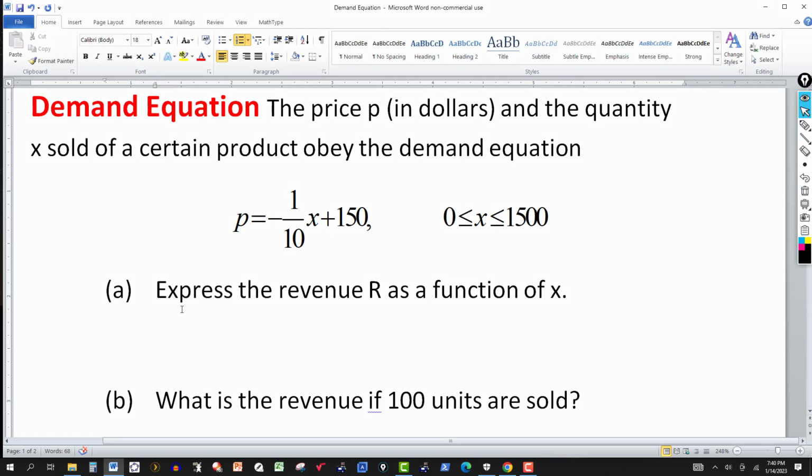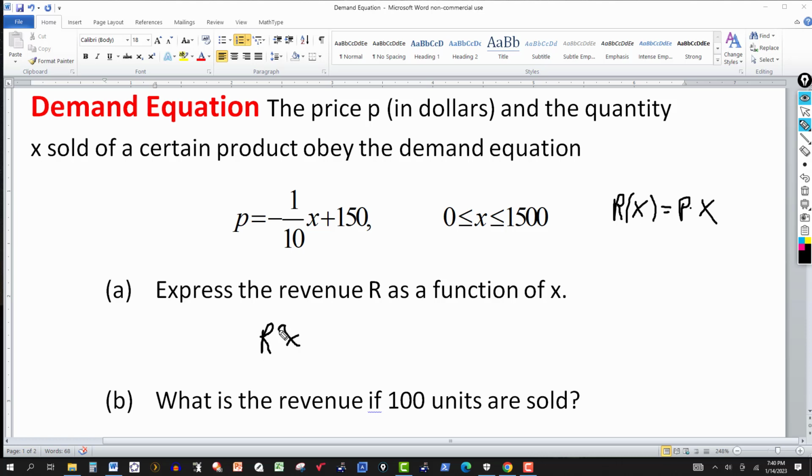So for part A, the revenue function R of X is given by the price of the item times the number of items, or the quantity. So R of X is equal to P times X. For the first one, it's pretty straightforward.